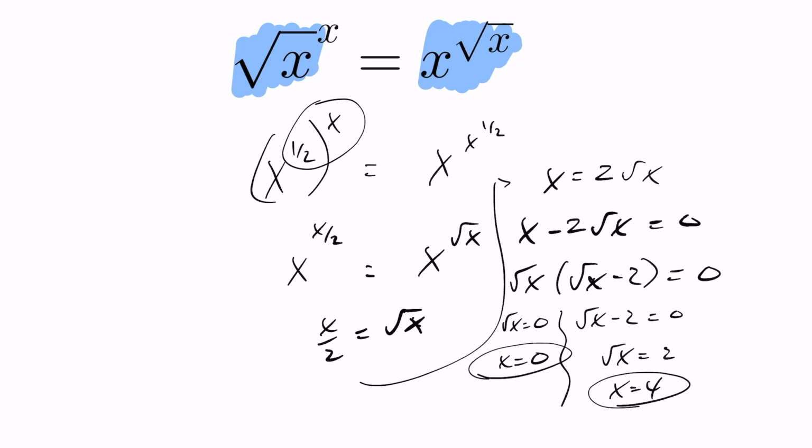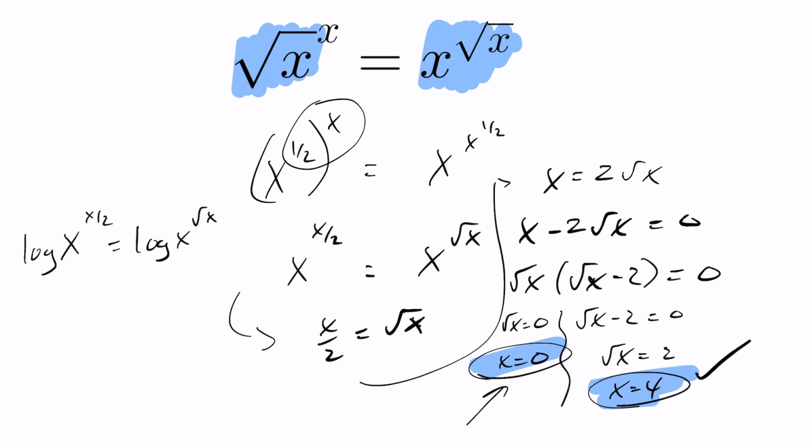Now we have to watch out here. With these two answers, x is 4 is a solution. We can use that one. This one here, we have to watch out because how I got from here to here, I took the log of both sides. So what I did was I took the log of x to the power of x over 2 is log of x to the root of x. And then my exponential rules say I can drop down the exponent, do it once more, and then we can sort of cancel these off.